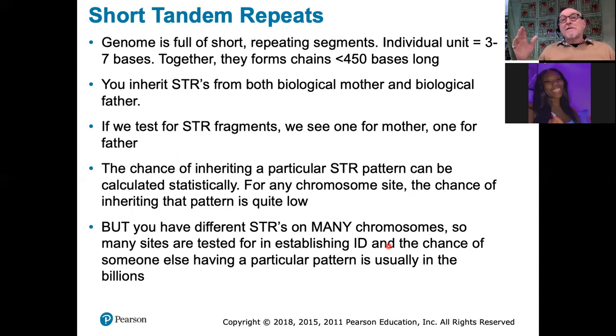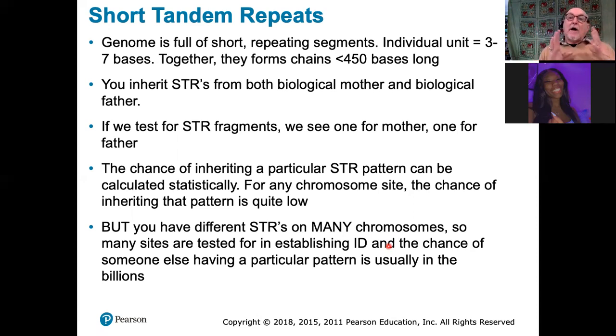You inherit these short tandem repeat areas from both mother and father. There's a huge amount of variability in the human population. So there is a particular statistical chance that you will end up with a particular inheritance of one number from your mother and one from your father.